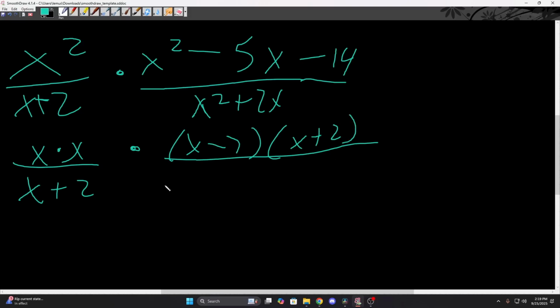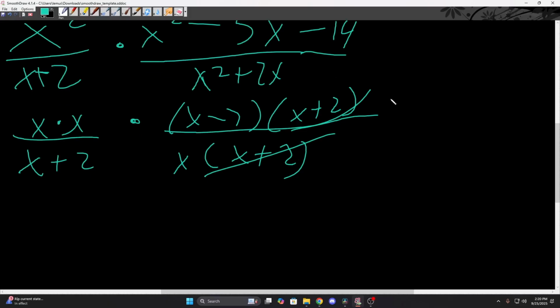Okay. And then you have x times x plus 2. Here you can cancel out these. This won't cancel out. And then you would just multiply. So this would be x squared times x minus 7 divided by x times x plus 2.